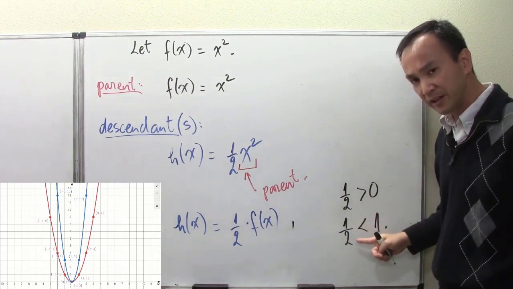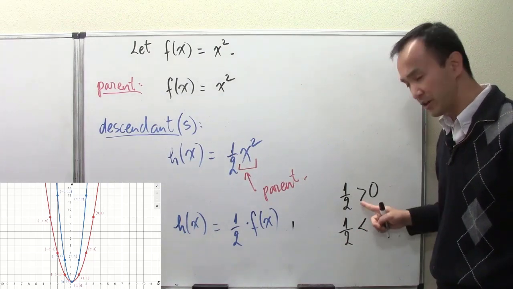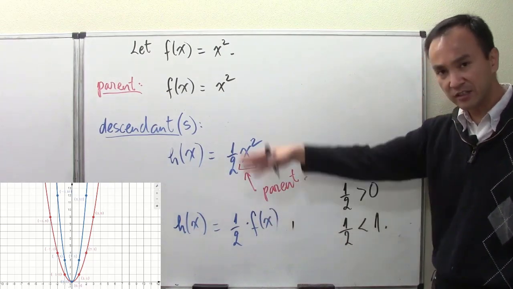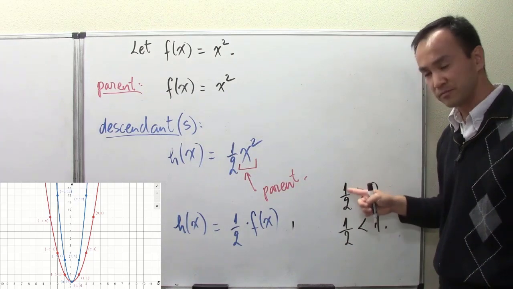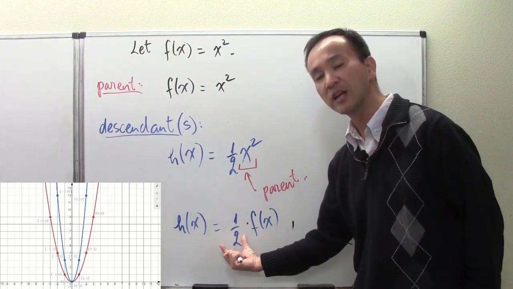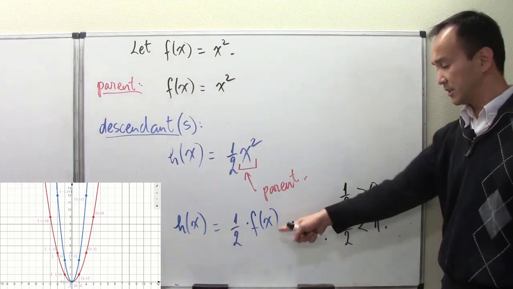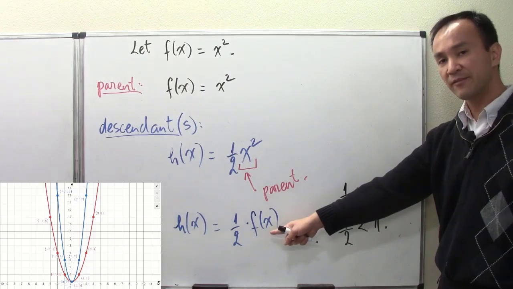So 1/2 numerically is 0.5, so it's less than 1 for sure. But still, in the end, this h of x and the g of x earlier are all the kind of function where we multiply the parent function with a positive coefficient. Okay, so let's see what the graph of this gives.